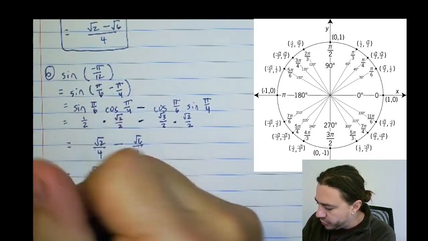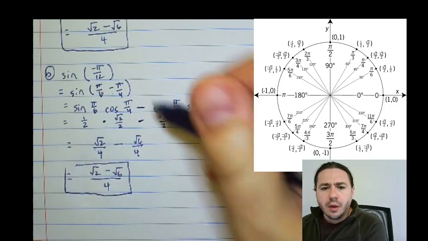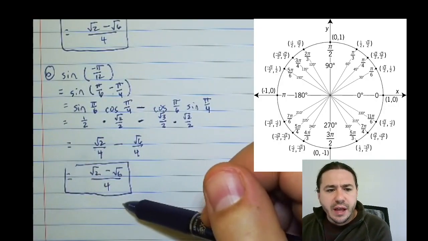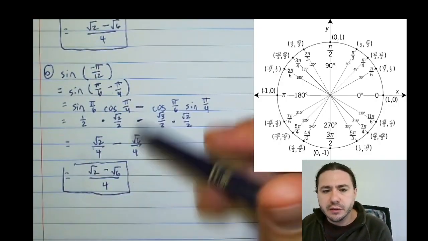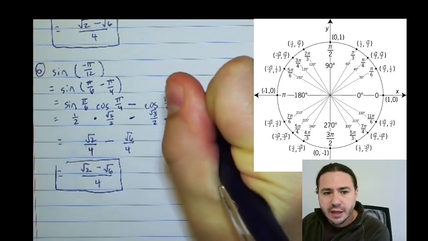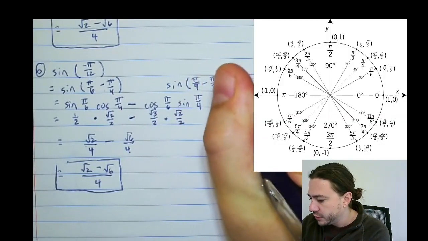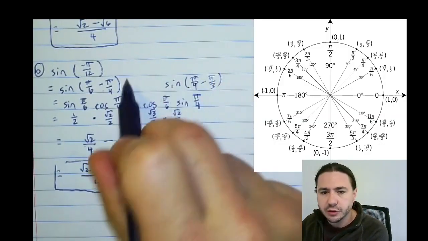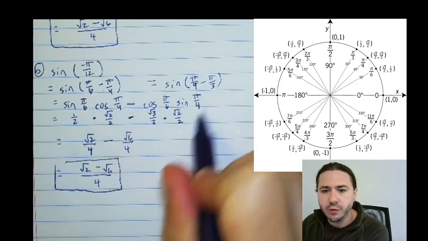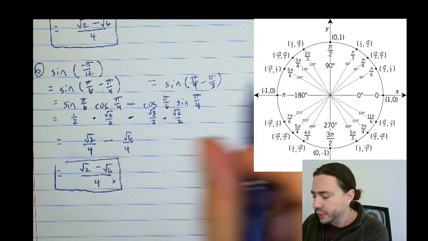And so that's the value of sine of negative pi over 12. I think this is the same thing that we got on the key. The key, instead of doing this, did sine of pi over 4 minus pi over 3, which is totally fine. That works as an alternate here, and if you work it out, you're actually going to get this exact same thing. So that's good.